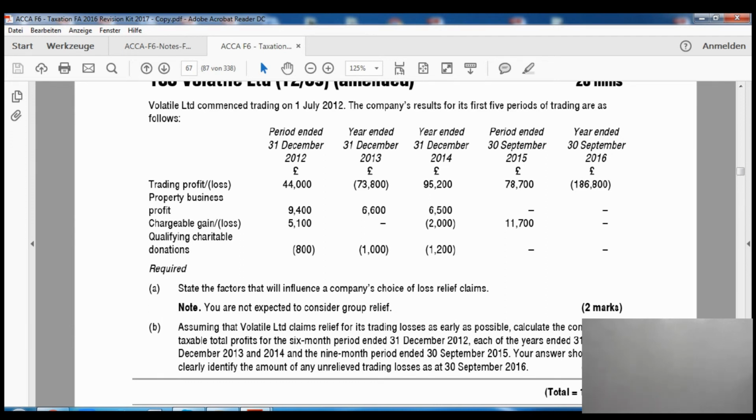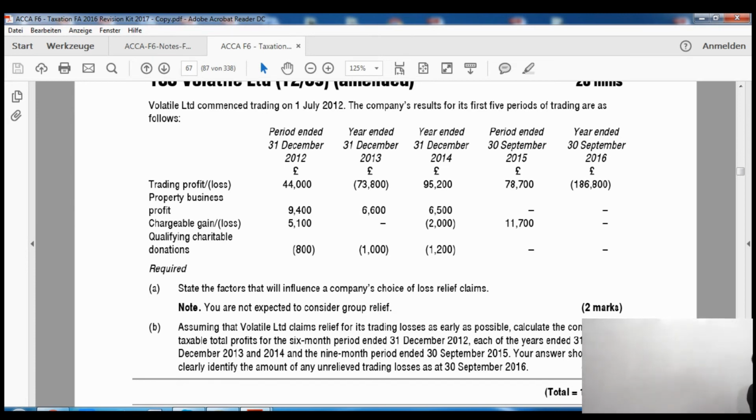Right, then after that, if we look at the next one, which is the period ended 30 September 2015, we've got some profits of 78,700, and we've got some chargeable gains as well, right? Now if we look at the next year, which is 2016, we've got huge losses of 186,800, which means the losses can be set off against the previous years, because in 2016 we did not have any profits at all.